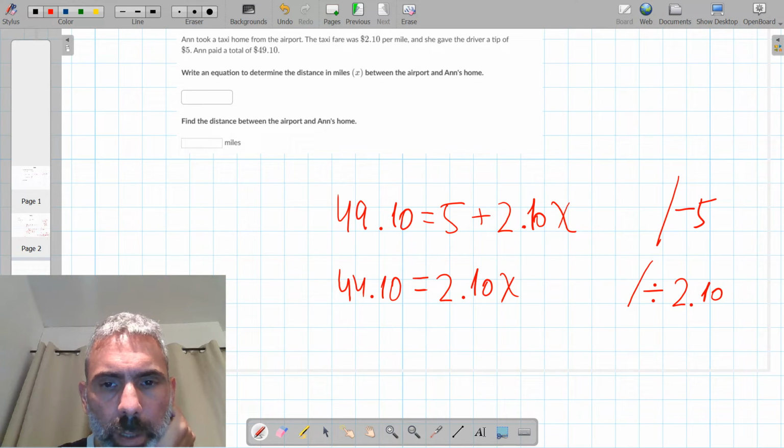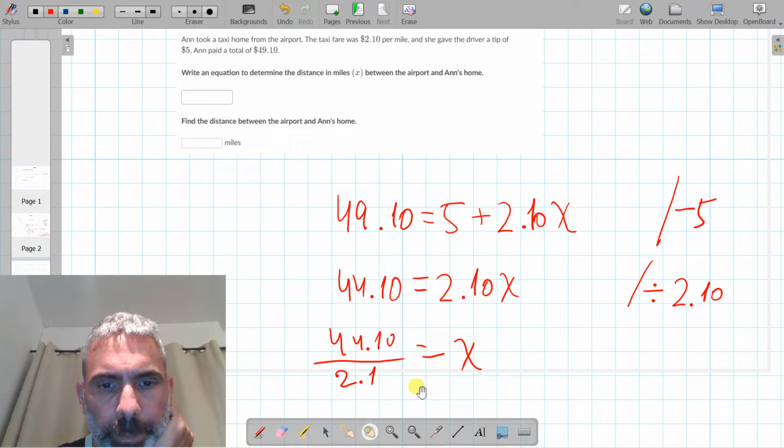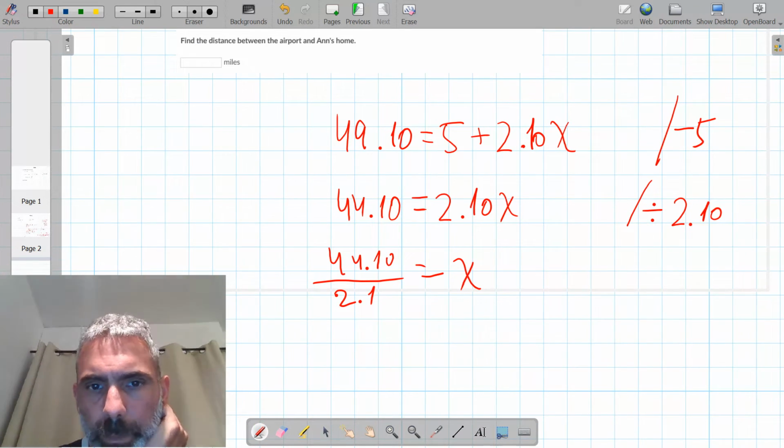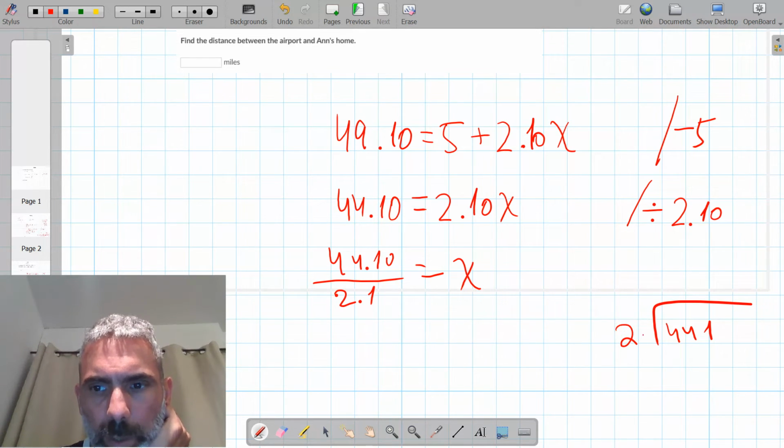So 44.1 divided by 2.1 equals x. So the same thing is 441 divided by 21.